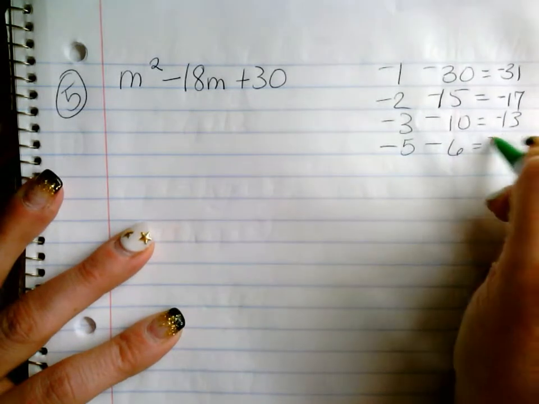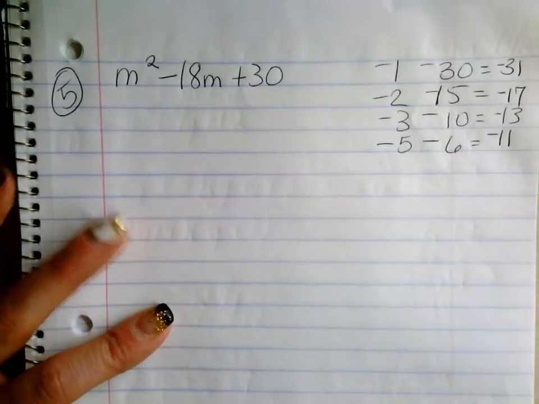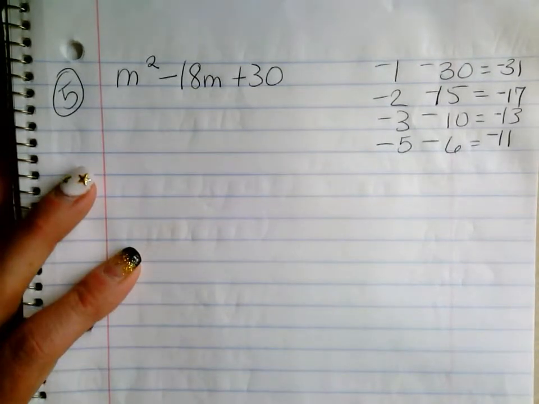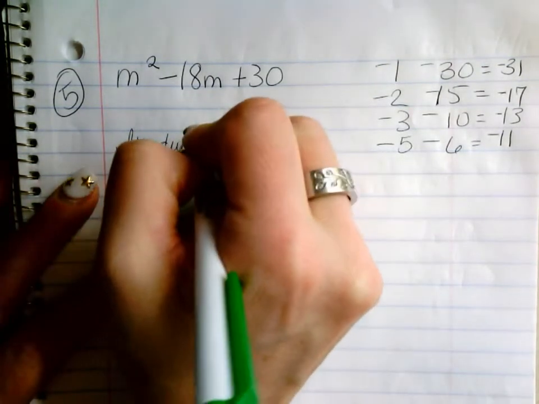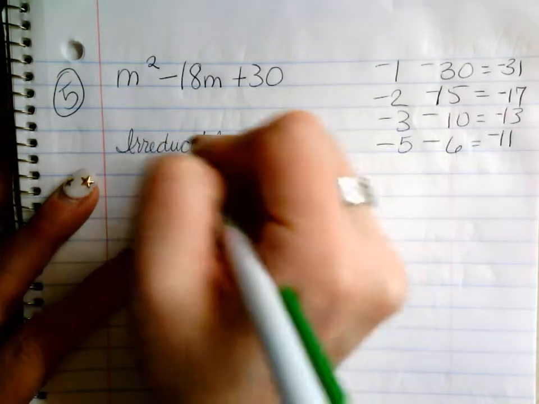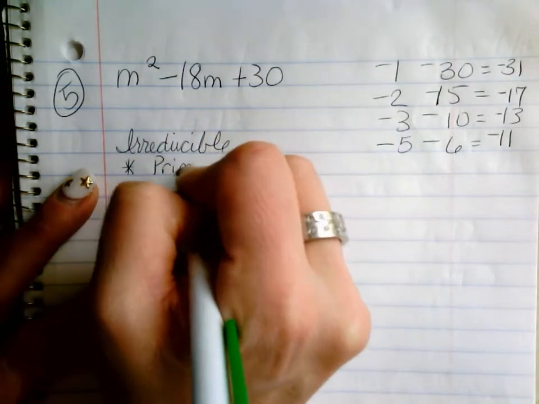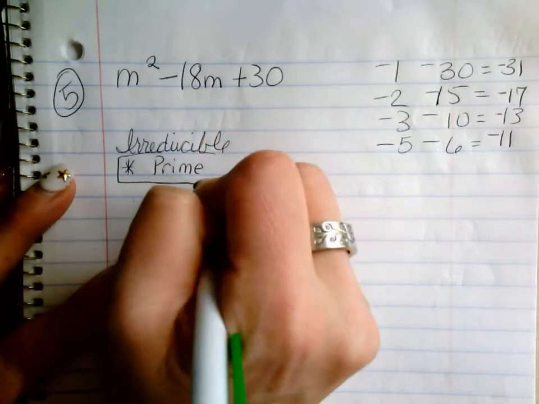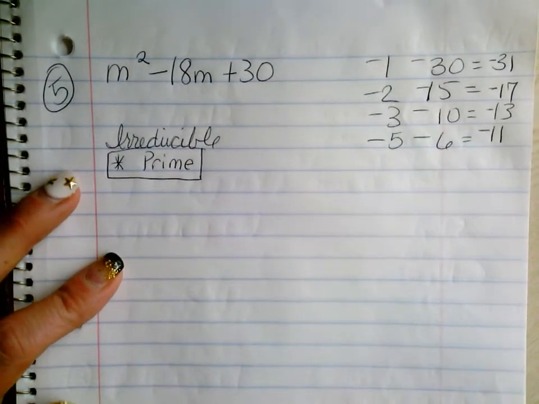And this, the sum is negative 11. Okay? This polynomial is said to be irreducible. You can't factor it, otherwise known as prime. This is the answer you should give me. It's less letters.